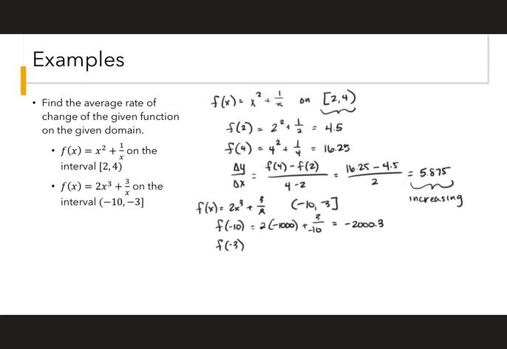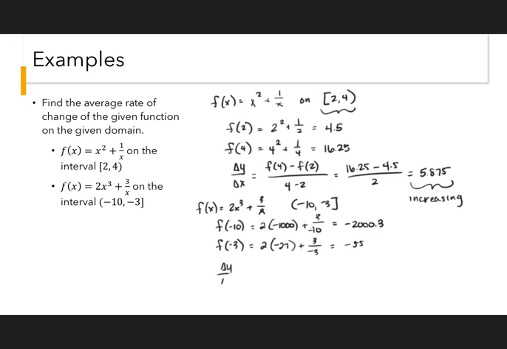F of -3 will be 2 times -27 plus 3 over -3, which is -55.